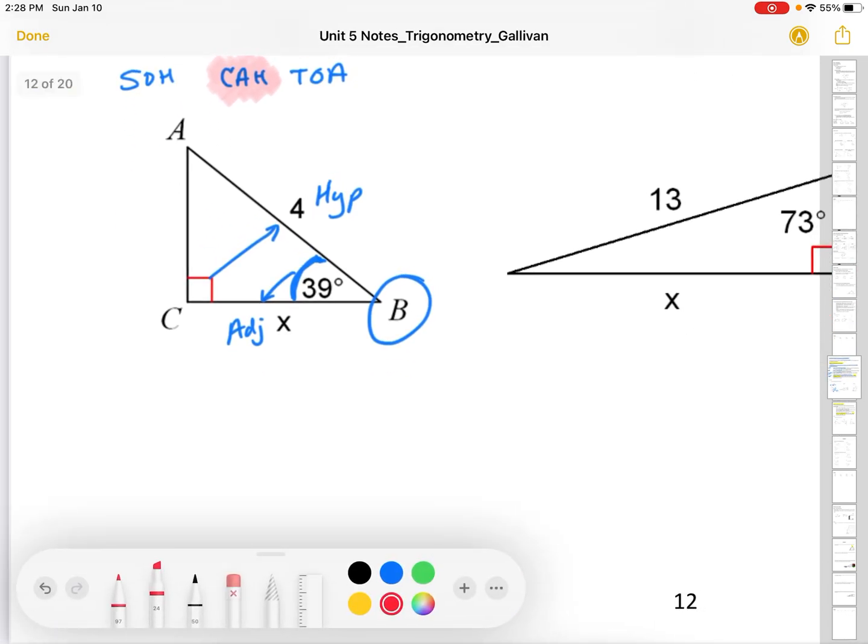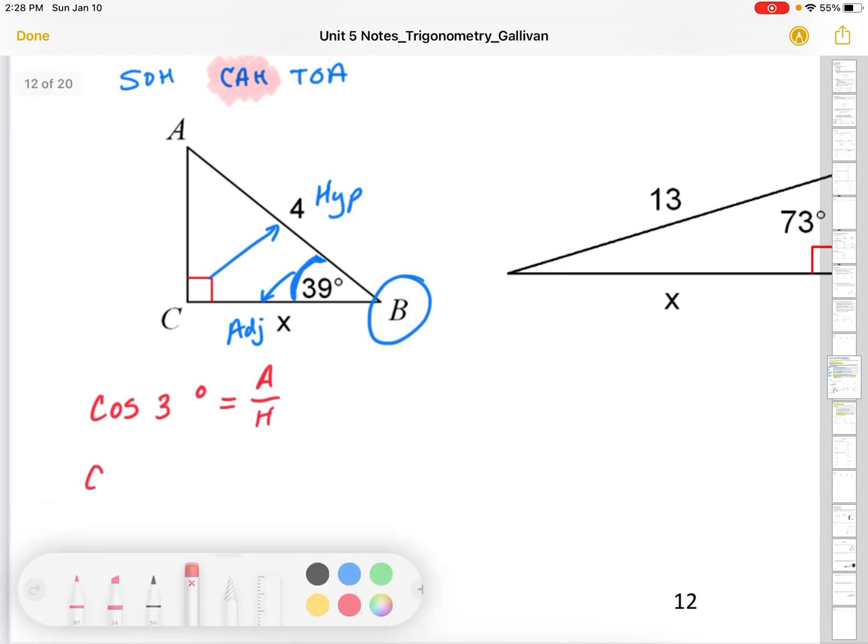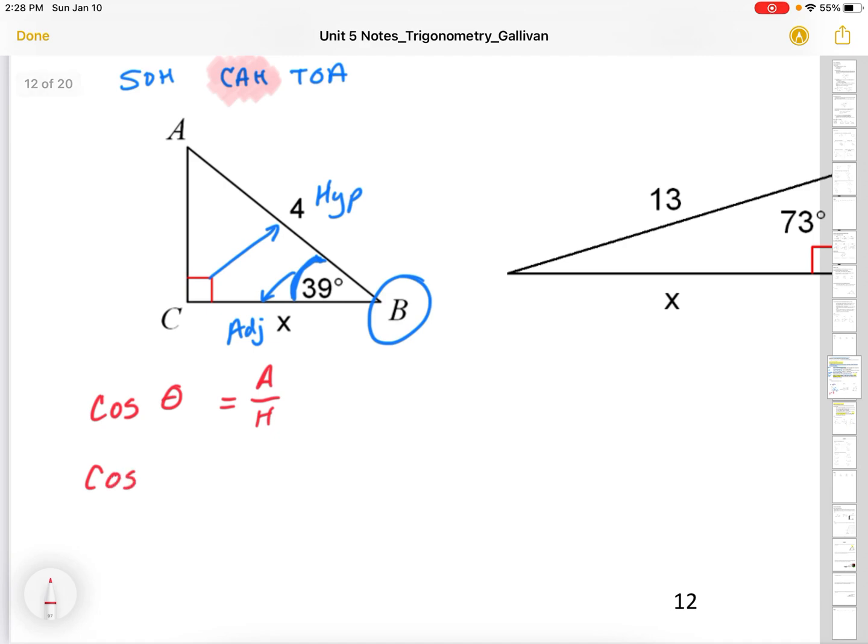So that means cos of 39 degrees is equal to our adjacent over our hypotenuse. Actually, I should write this as cos of theta just for now, and then in this next one, we'll put in the 39 degrees. Our adjacent is x, that's what we're looking for, and our hypotenuse is 4.